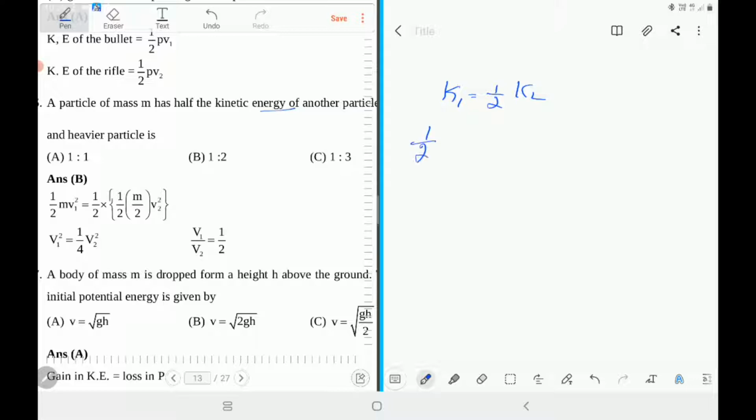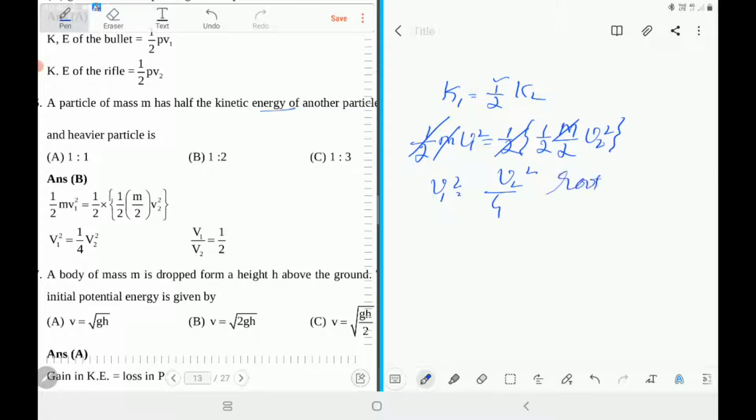Kinetic energy relation: half m v1 squared equals half, as given in the problem, times half m by 2 v2 squared. You cancel this half and this mass m also. You can write v1 squared equals v2 squared by 4. Take root. If you take root, v1 equals v2 by 2.